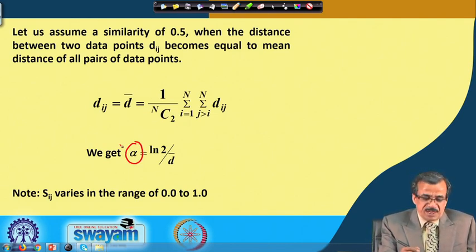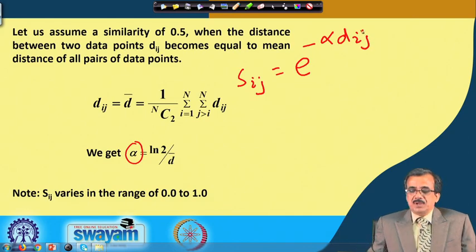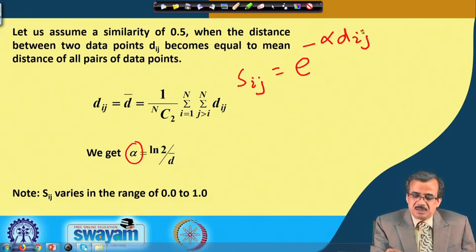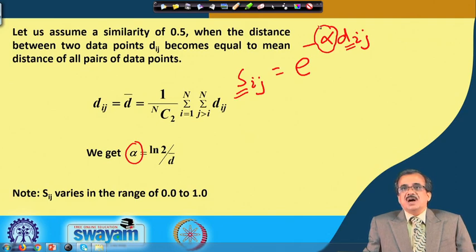Now, if I see the expression for the similarity, that was S_ij equals e raised to the power minus alpha d_ij. So, this is the relationship between the similarity and the Euclidean distance, and our aim is to derive the expression for alpha.